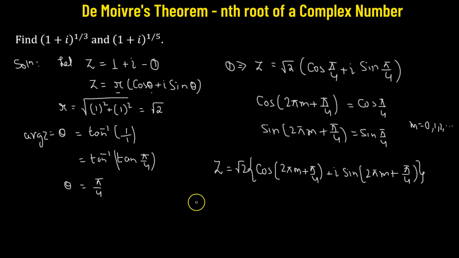Now we will raise it to the power of 1 over n. That means we will consider the nth root of the complex number z, which is z raised to the power of 1 over n.